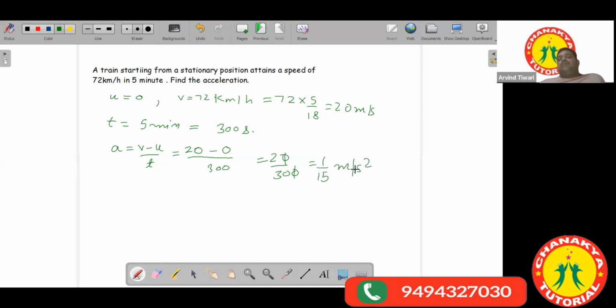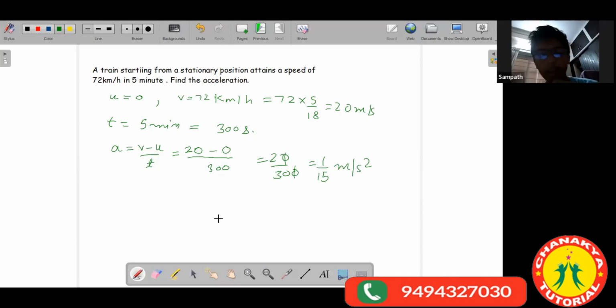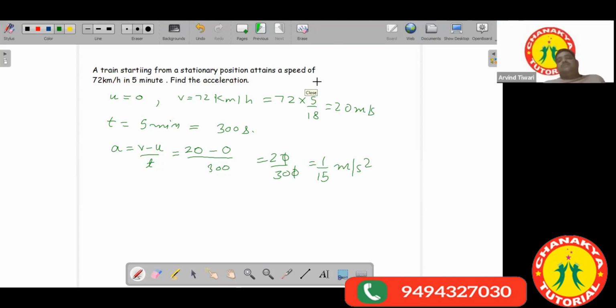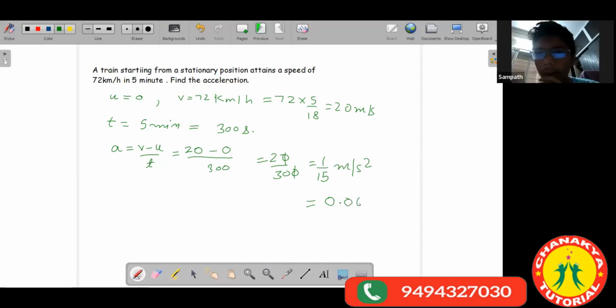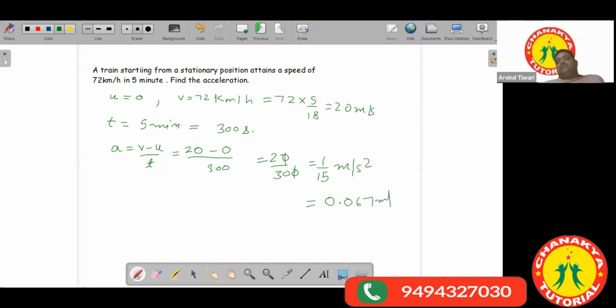So now you can verify your answers. 1 by 15. Sir, should we convert that 1 by 15 into meter per second square? No, yeah, you can convert it to decimal. If you convert it to decimal, you get something like 0.0667, right? So this should be your answer.